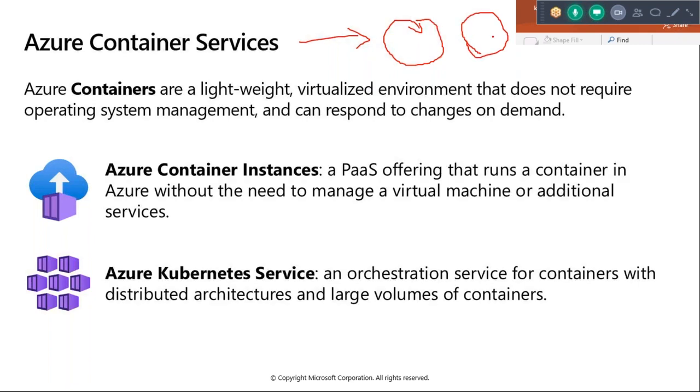Only those packages are taken and packed together as an image. That's a container. A PHP image is a container. Or a .NET application, if it wants to work, the required packages for a .NET application to work, those alone are taken and packed together, and that's a container. It's a very lightweight one which starts very quickly and stops very quickly, so that you can use the available RAM and CPU core for other resources in a wise way.